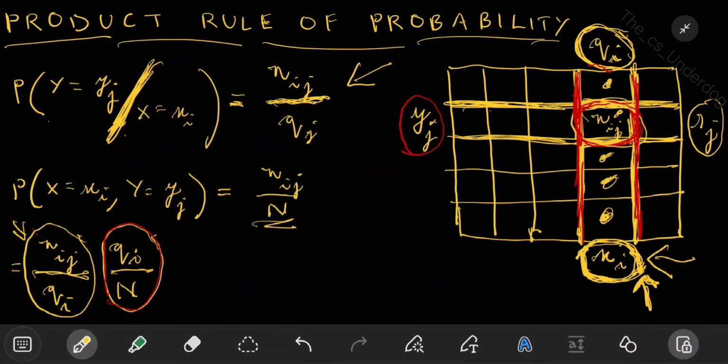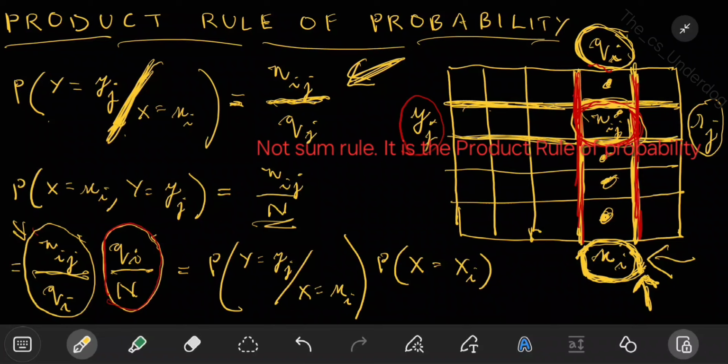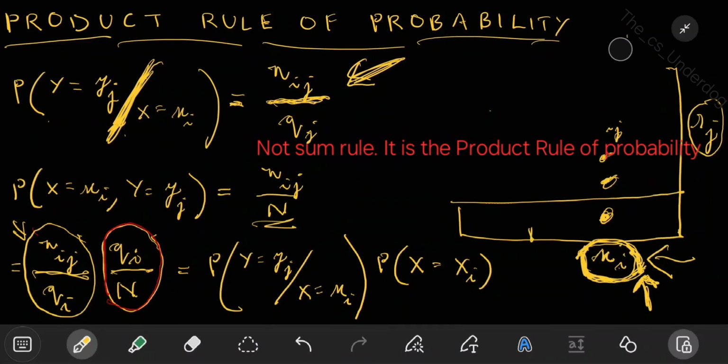Which means you can write this as the probability of y equal to yj given x equal to xi. Where did I get this from? Here. Into the probability of x equal to xi. So this gives you the product rule of probability. Let me write this neatly after removing all these.